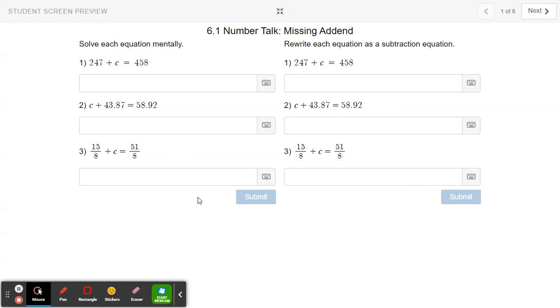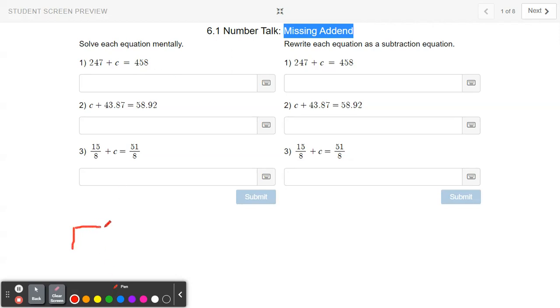So when I'm looking at this, the first thing I'm noticing is that every single one has a variable, right? So this is called missing addend, and addend is the two things that you're adding, or it could be three, what you're adding up to get the answer for an addition problem. So when I'm looking at the very first one, I'm figuring out if I have a total of 458, and I'm drawing a bar model to show this.